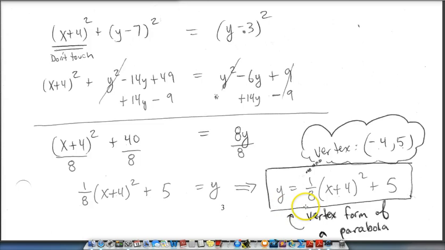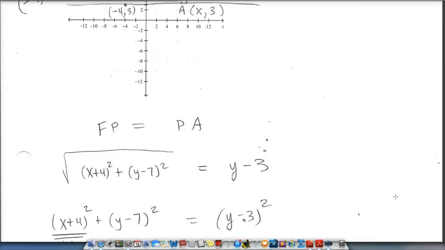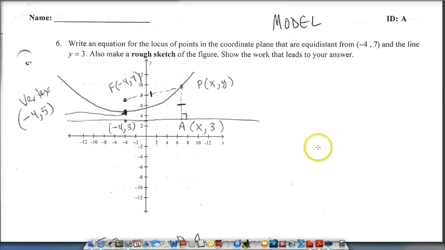So I tell them that from this, I can actually see the vertex of the parabola is at (-4, 5). The negative 4 coming from this part here, and the 5 coming from this part. And then graphically, we'll want to see why (-4, 5) actually makes sense. So I will come back up here and say that if the focus is at (-4, 7), and the point on the directrix directly below the focus has to have the same x coordinate, so it also has x coordinate negative 4, and it has to have y coordinate 3, that means that that point will be at (-4, 3).